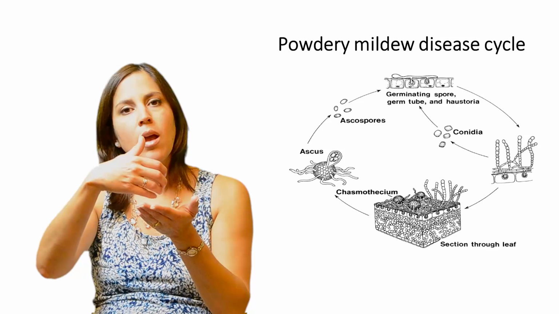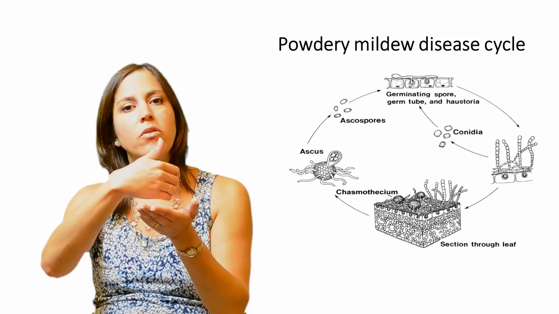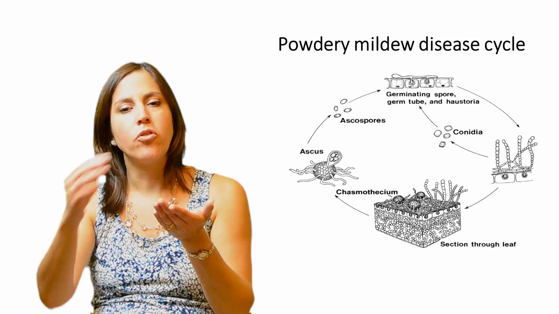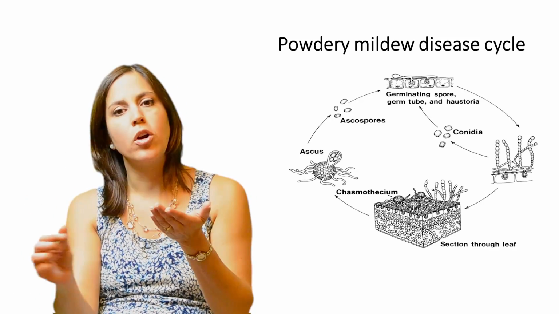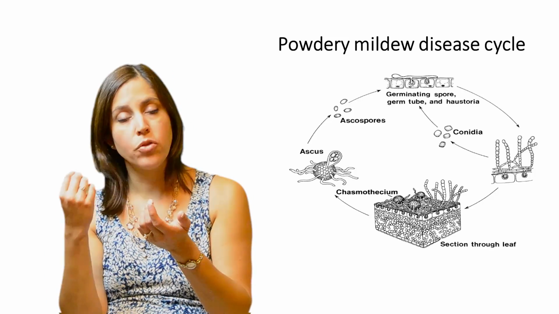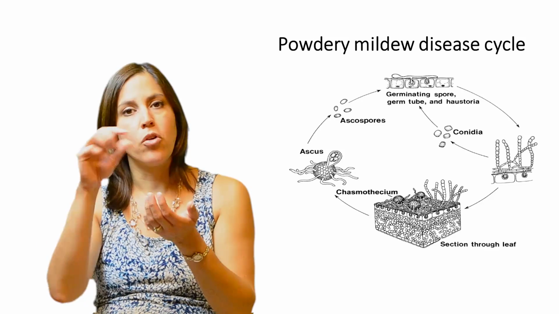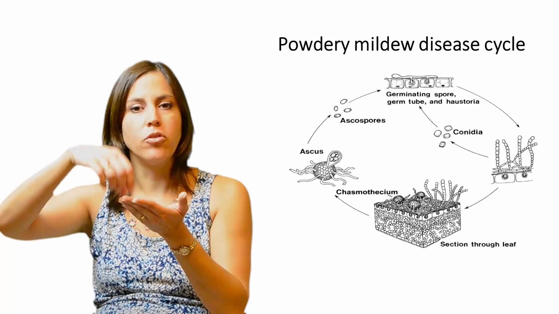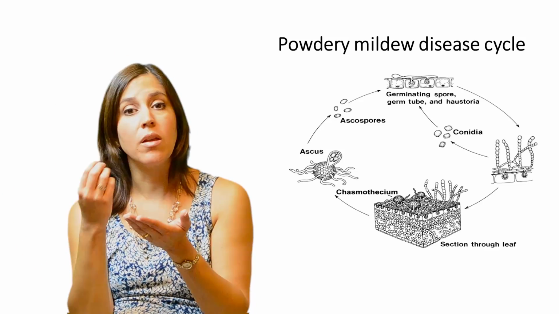As the fungus continues to grow, it matures, and the conidia, which are the asexual spores of the fungus, start growing in chains on top of the leaf, and that's what we see in the symptoms.